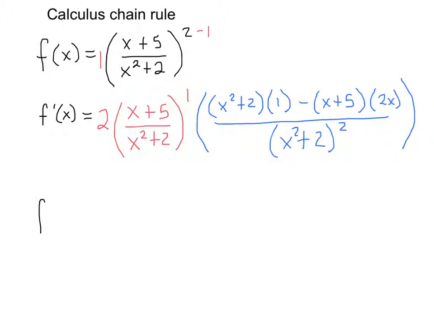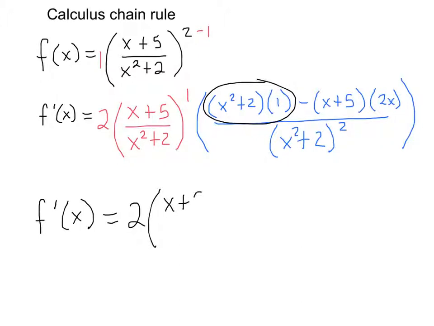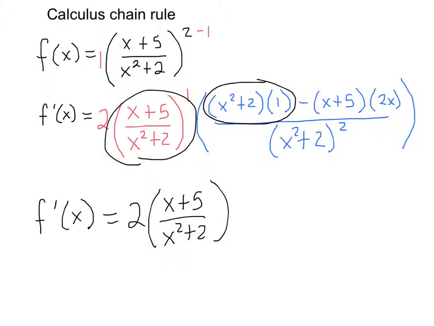So I'll say f prime of x equals, and let's go ahead and simplify this fraction here. So I've got 2 parentheses x plus 5 over x squared plus 2. All I did was rewrite this, times x squared plus 2, and then I'm going to take this negative and this 2x and distribute them. So I'm going to distribute the negative here and here and the 2x here and there.